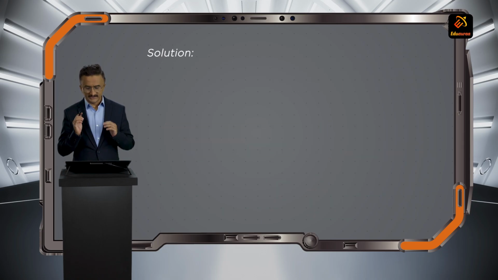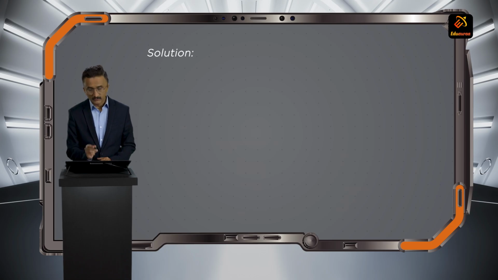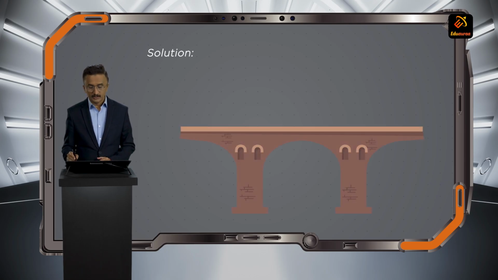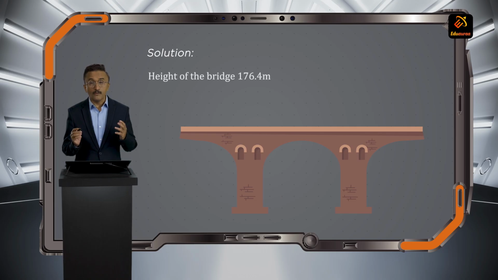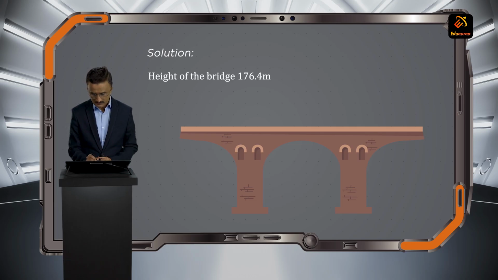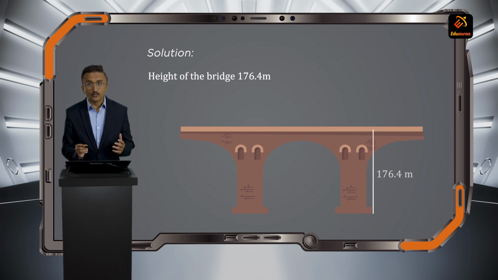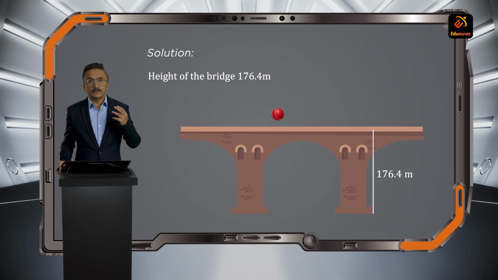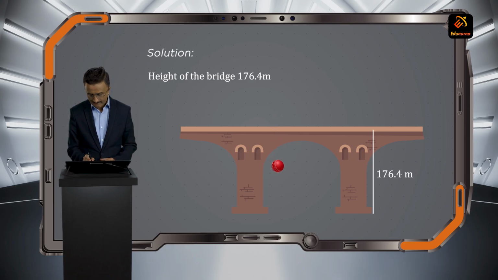So let me visualize the situation. Here we have the bridge. It is at the height of 176.4 meter. Okay. Now I have dropped the ball from this height.